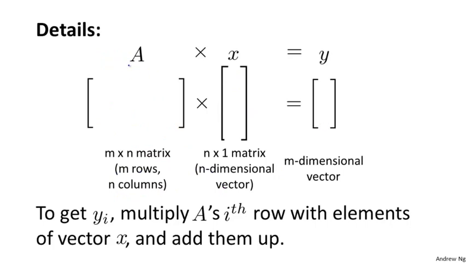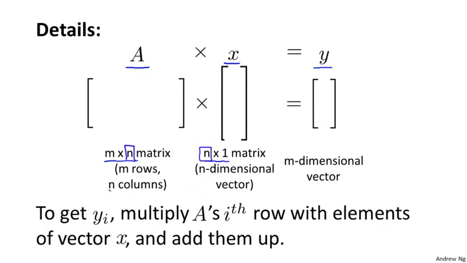Let's say I have a matrix A and I want to multiply that by a vector x. The result is going to be some vector y. The matrix A here is an m by n dimensional matrix, so m rows and n columns, and I'm going to multiply that by an n by 1 matrix, or in other words, by an n dimensional vector. It turns out this n here has to match this n here.